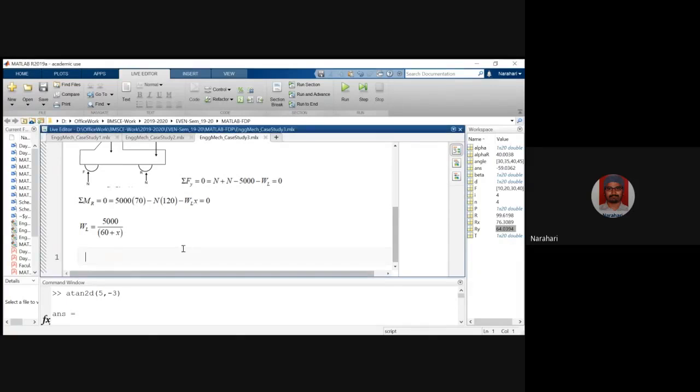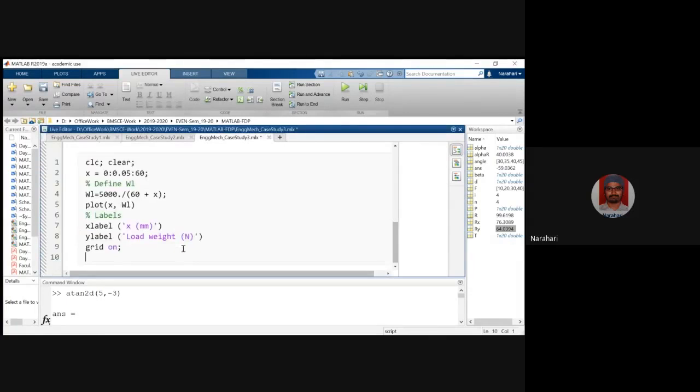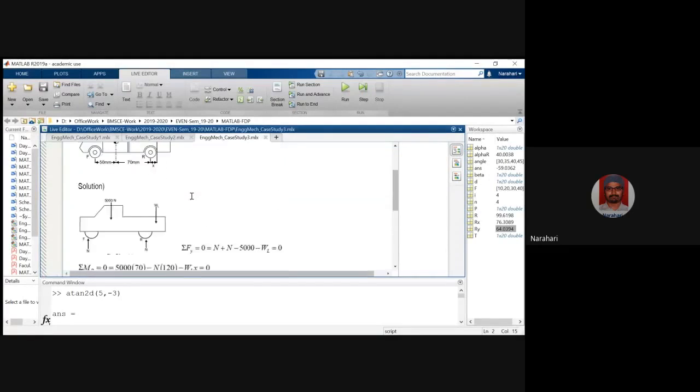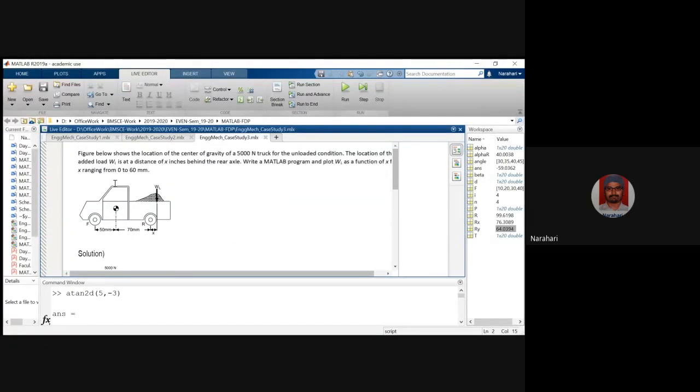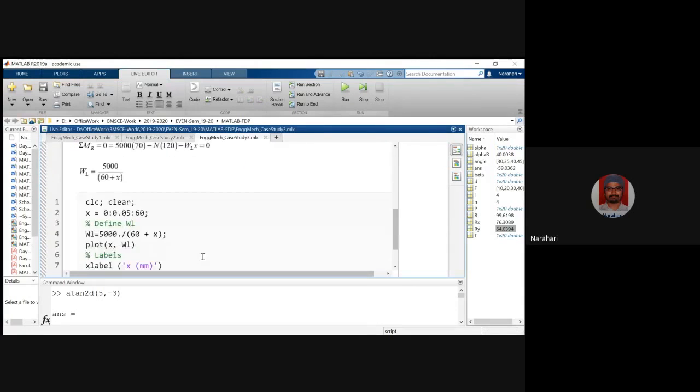The only code that matters is these 3 lines. The rest of them are all just extra lines, right? So this x is nothing but the vector which shows the variation of distance between 0 to 60 mm.